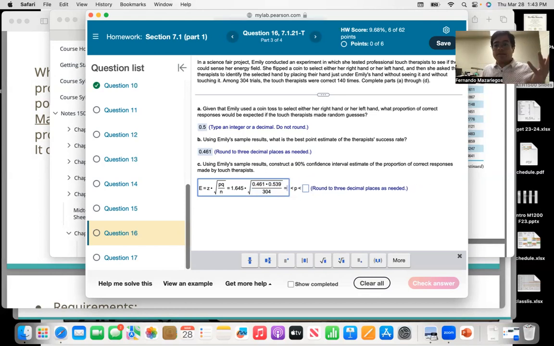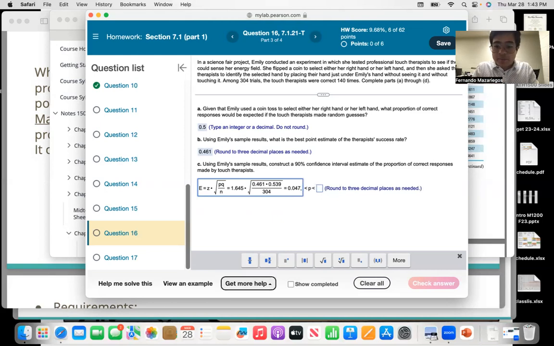So once we have identified all these values, we plug them in the formula. 0.461 times 0.539 over 304. We take the square root of that and we multiply that by the critical value. So this gives us a margin of error of 0.047.